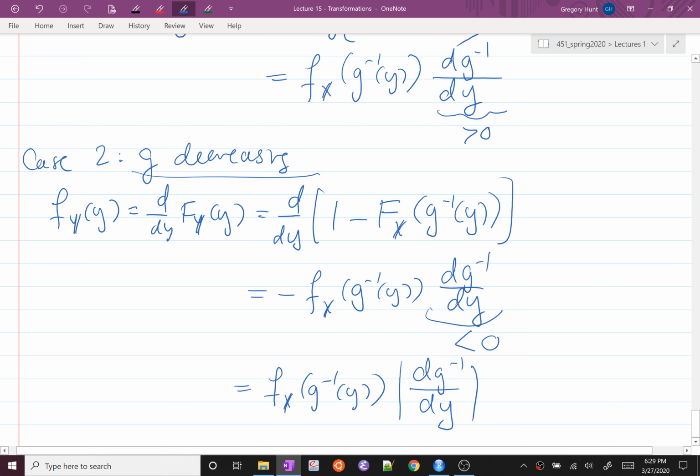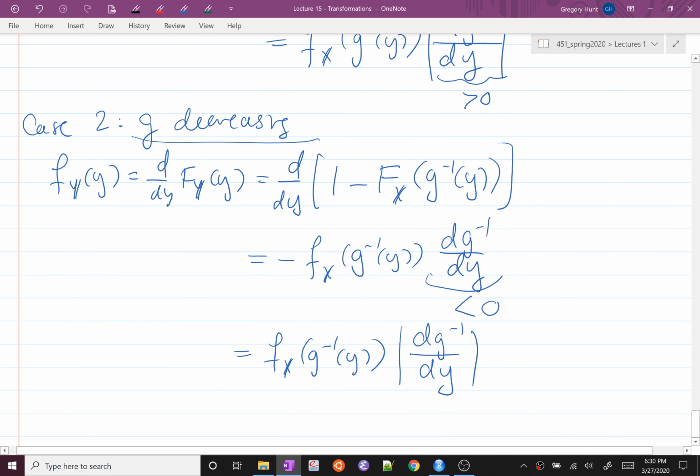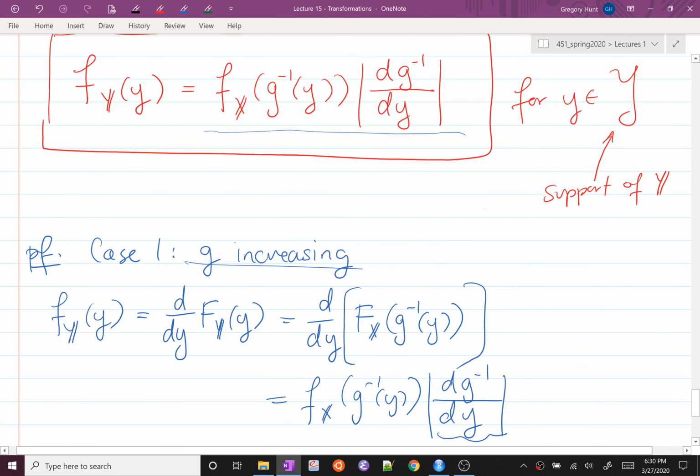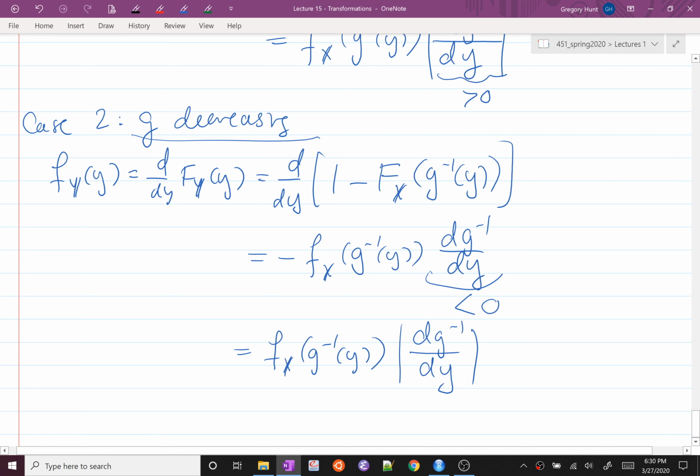If you have -5 times -1 is 5, that's the absolute value of -5. And similar in the increasing case, absolute value of something positive is equal to it, so we can throw absolute value bars without too much worry. Now these two formulas are actually the same, and they match the formula I gave above. So they match the formula in our theorem here. And so you see now where the absolute value bars come from, and the derivative just comes from the chain rule, basically. So this derivative here is chain rule.